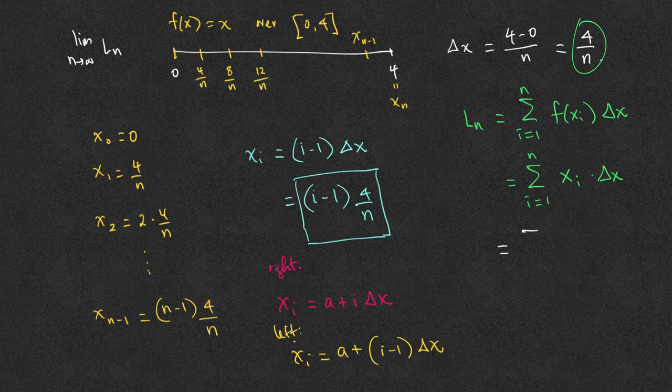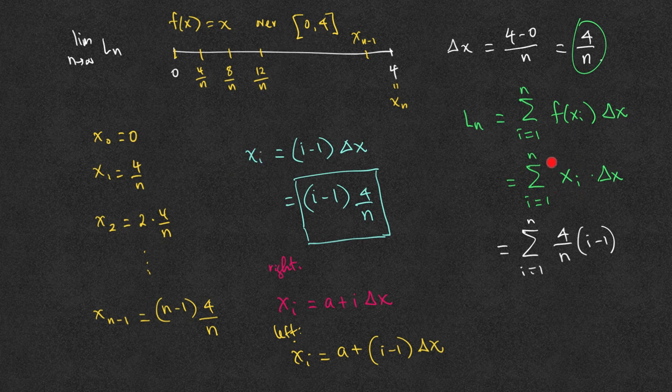Substitute the expression for x sub i and delta x. We have the sum as i goes from 1 to n, where x sub i is 4 over n times i minus 1, or i minus 1 times 4 over n.